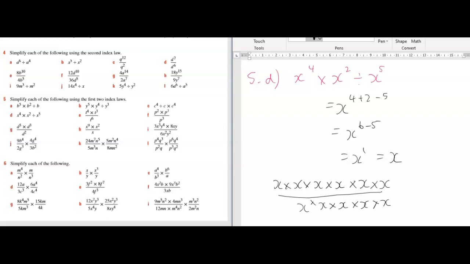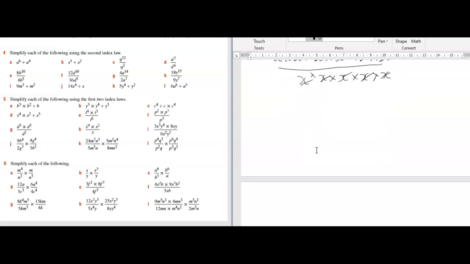And remember, they can cancel each other out. So they cancel, they cancel, they cancel, they cancel, they cancel, and we're just left with x. So you can see this is expanding, it is a long way of doing it. So you can just add and subtract your powers.